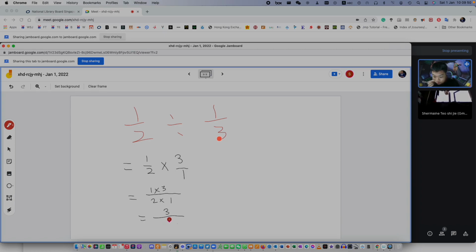You can use the eraser now. You can use the calculator only now.